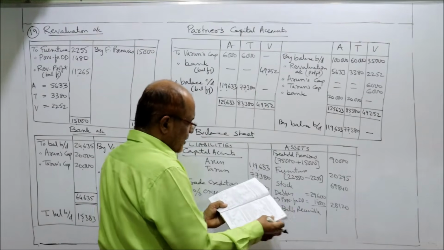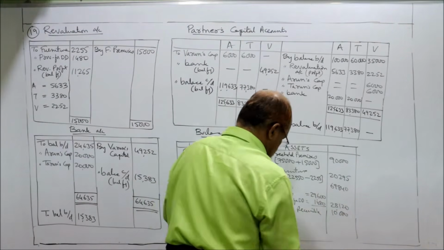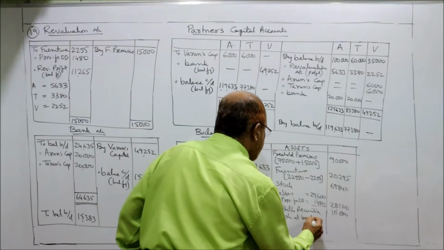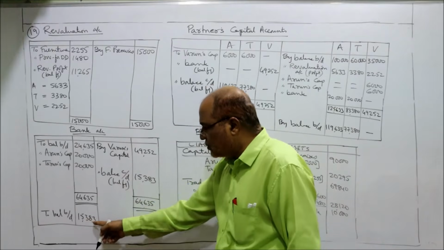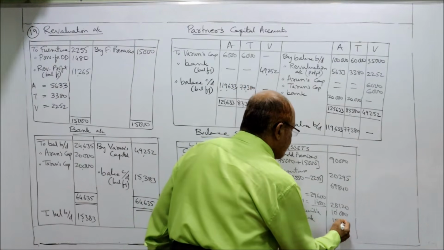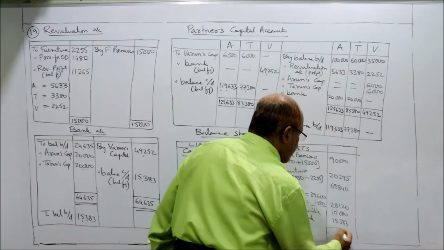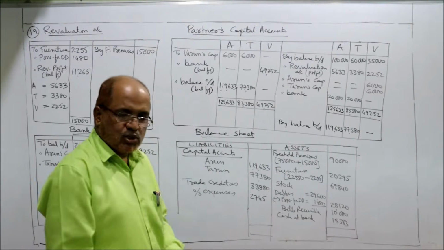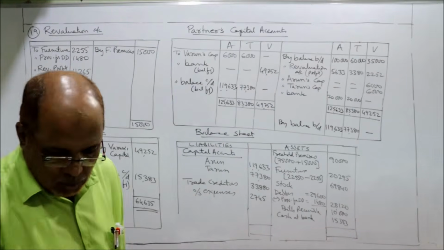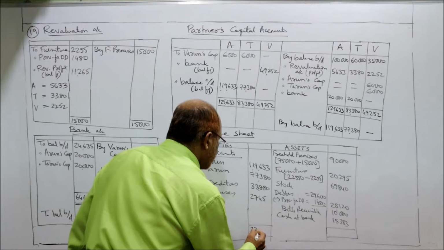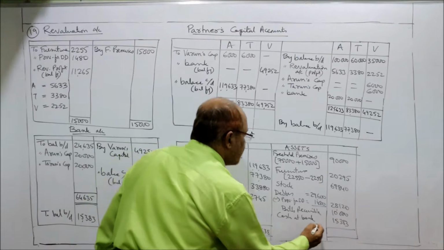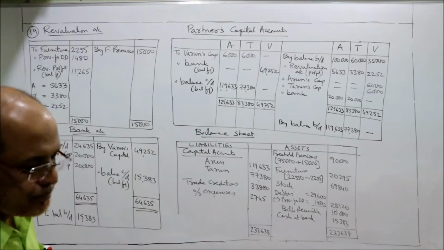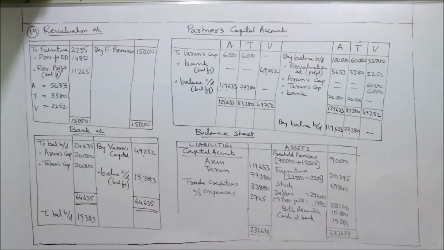No change, 10,000. Last one is cash at bank. Cash at bank will take the new figure 15,383. That's all. Total of the balance sheet is 233,638. That's it. This is the complete balance sheet.